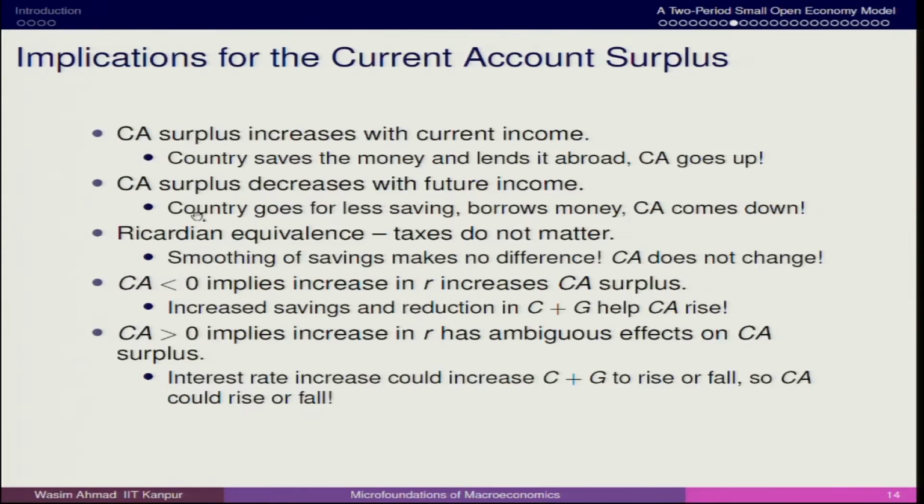If you have future income increasing, suppose you are on campus doing BTech or BS, or pursuing some course, and in your third semester companies come and give you a job offer. If you know that you are being placed in the company, then you are very sure that in future you are going to get higher income, because once you join, the company will be paying you a salary.